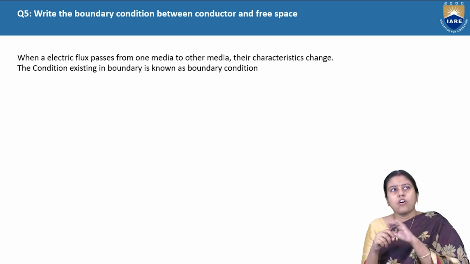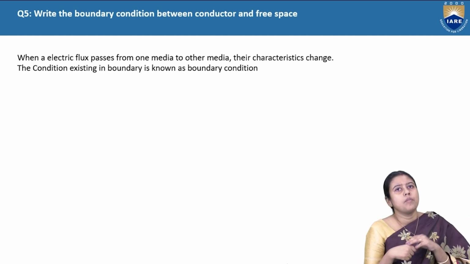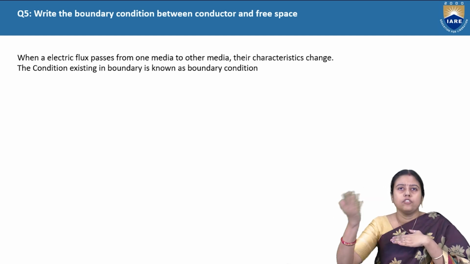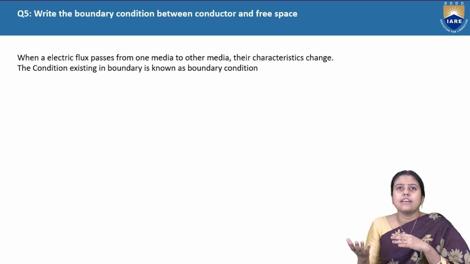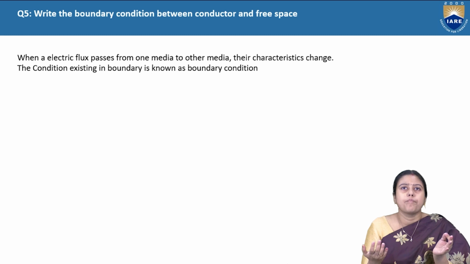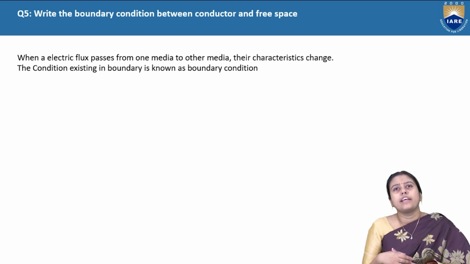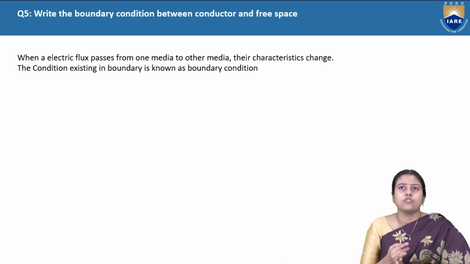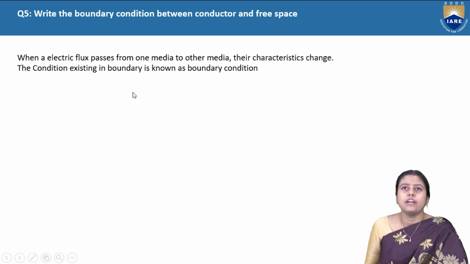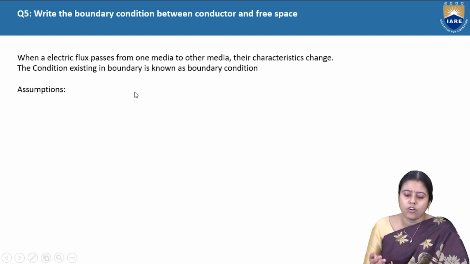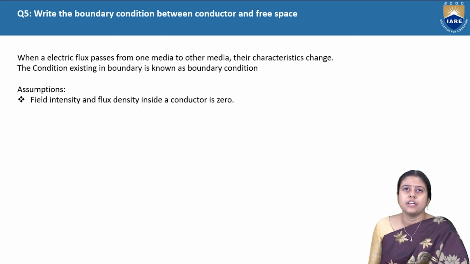We will say the conductor, whether aluminium or copper, is passing through the air. Air is a dielectric medium and copper is a proper conductor. So the nature of the electric flux passing through will change, and the condition existing at the boundary is known as the boundary condition. And we will take some assumptions.